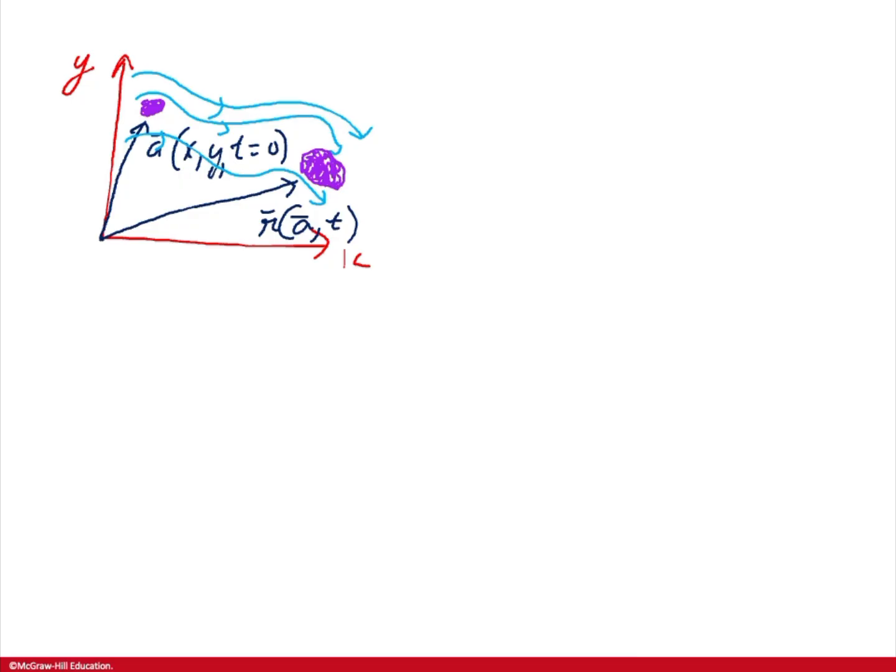So essentially we are trying to track concentration, right? So concentration is a function of the position vector and time, but we just saw the position vector itself is a function of the initial position and time.